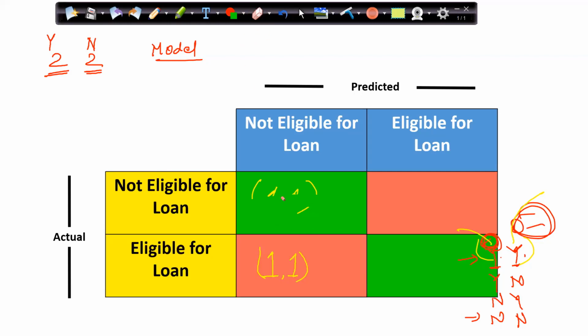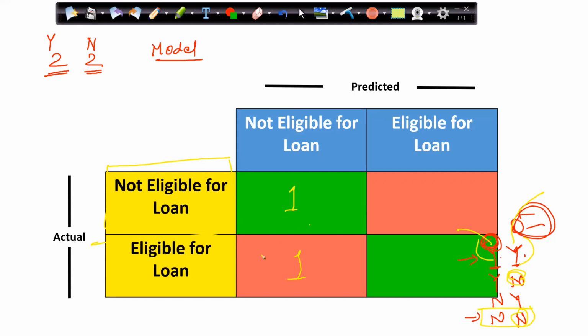I will put the number here as 1, and here also 1. As per my actual data, how many are not getting the loan? 2. But as per my model, only one is matching, which is this one.